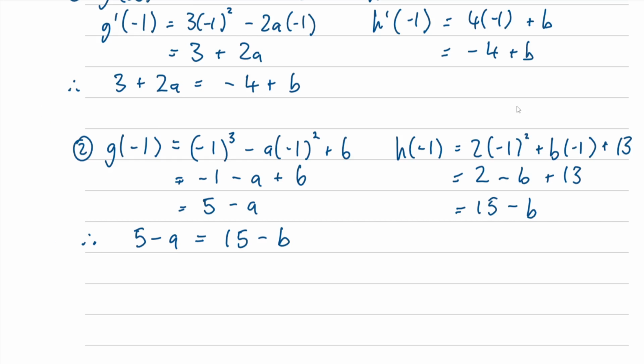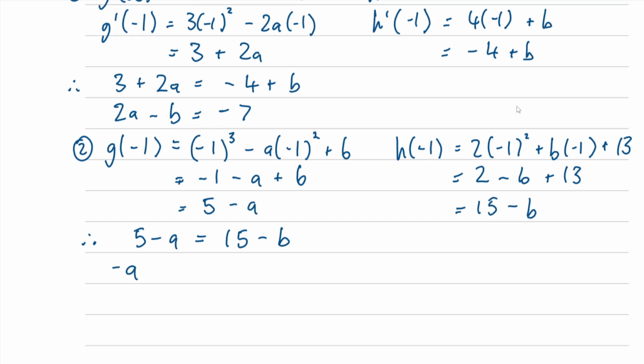Just to format it a bit more nicely, what we can do is just rewrite them like so. So I subtracted b, and then I also subtracted 3. So the variables are on the left and the constant is on the right. And I'll do that with the bottom equation as well.